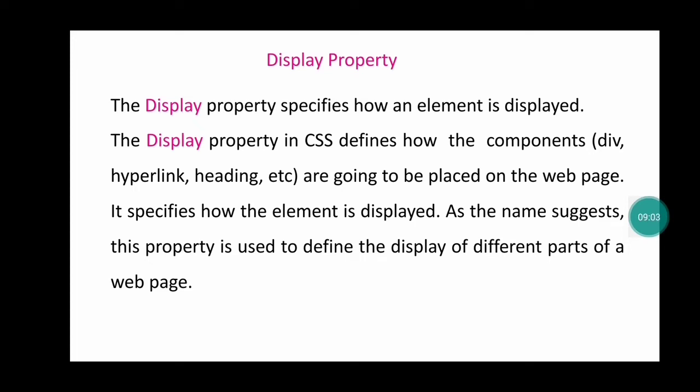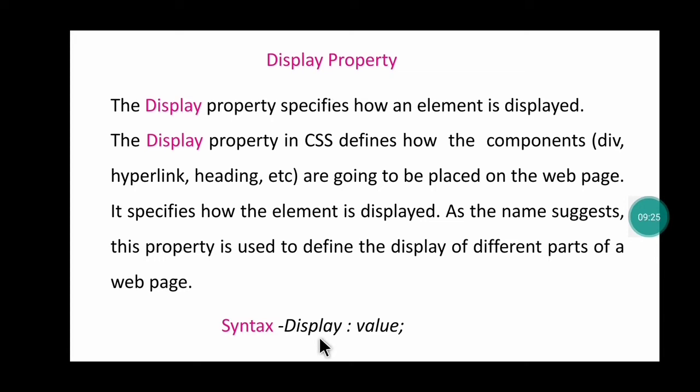This property is used to define the display of different parts of a web page, meaning where on the web page you are going to display content such as hyperlinks, headings, division tags, etc.